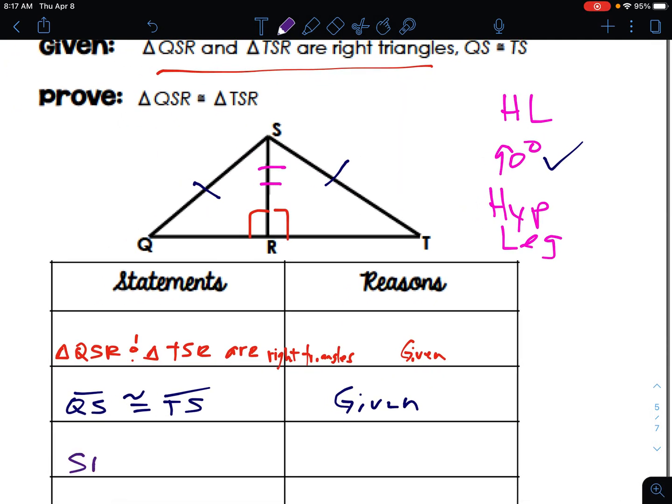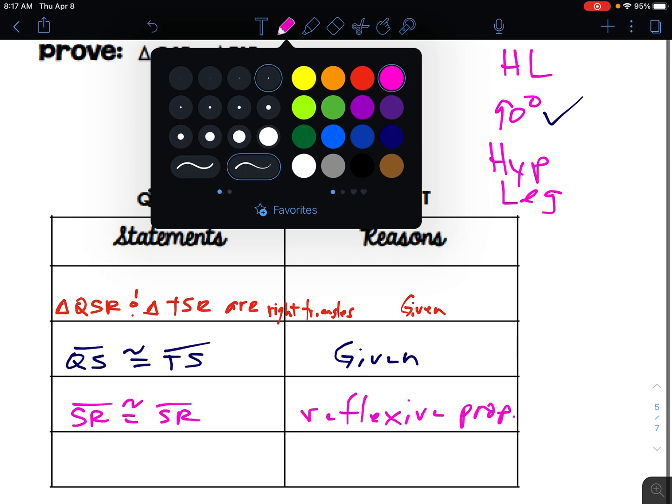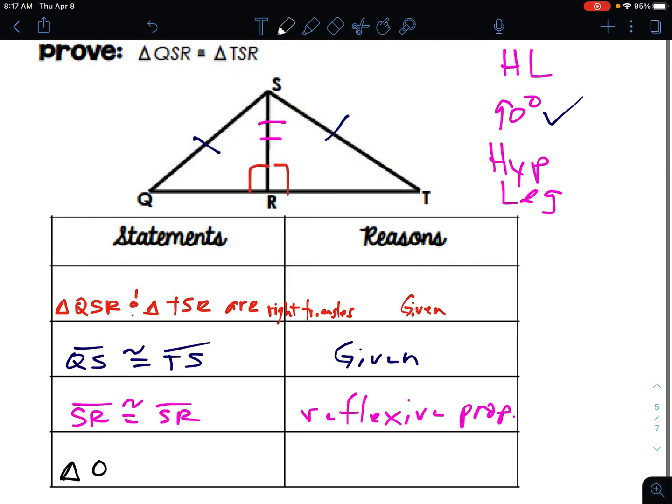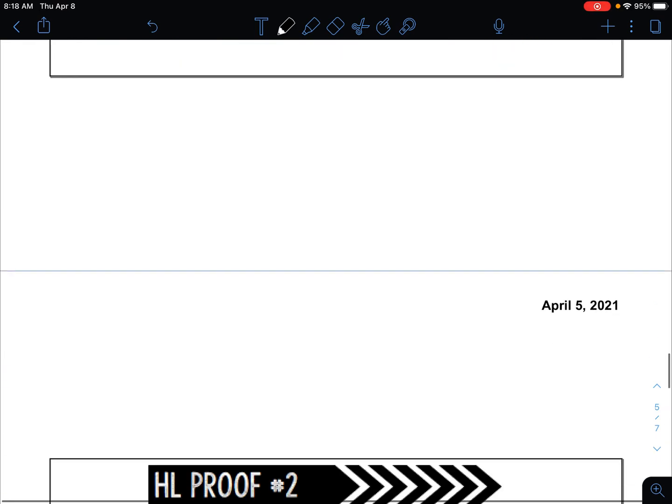And then our buddy, the reflexive property. SR congruent to itself. Reflexive property. And then the two triangles are congruent. So triangle QSR is congruent to triangle TSR, and that is HL theorem.